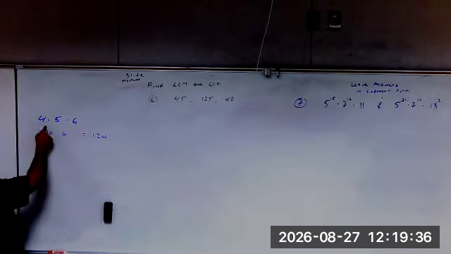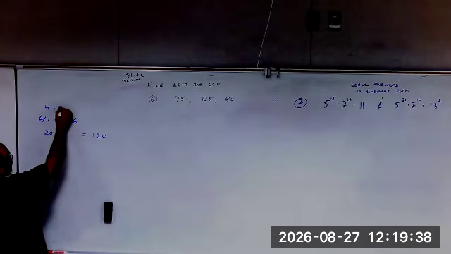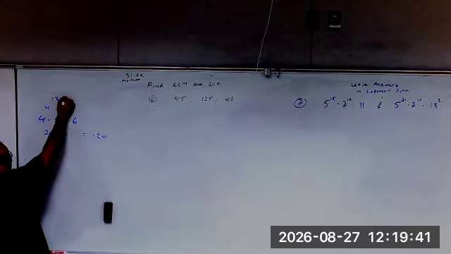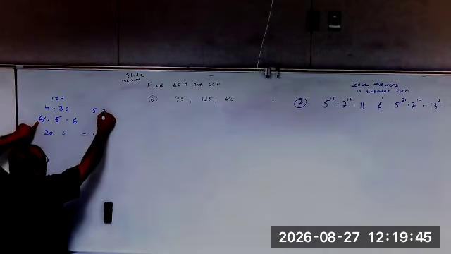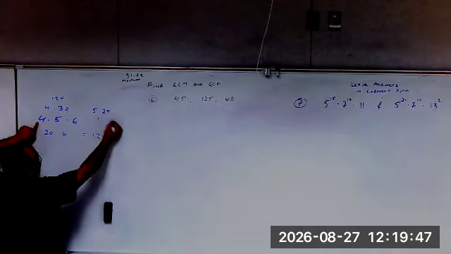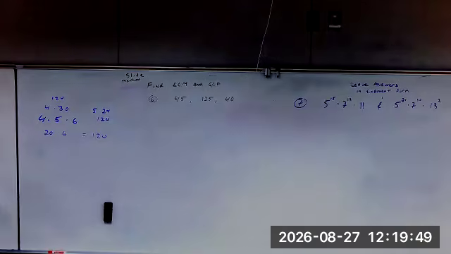Or they're going to go, 5 times 6 is 30, 4 times 30, that's 120. Or they might even go, 4 times 6 is 24, 5 times 24, that's 120. But they're going to multiply two numbers and then multiply the third one.